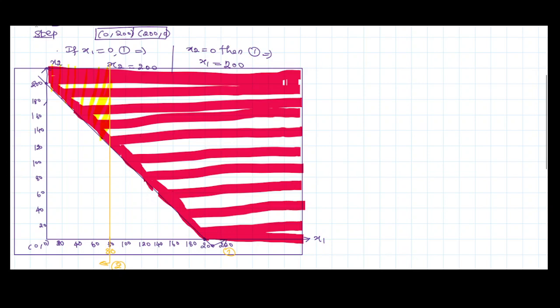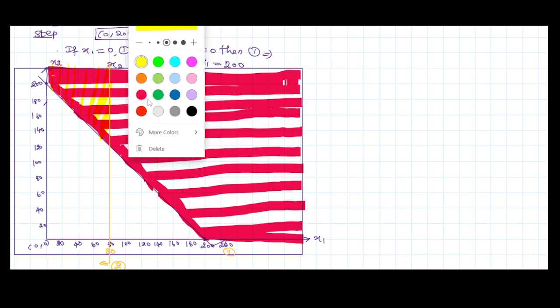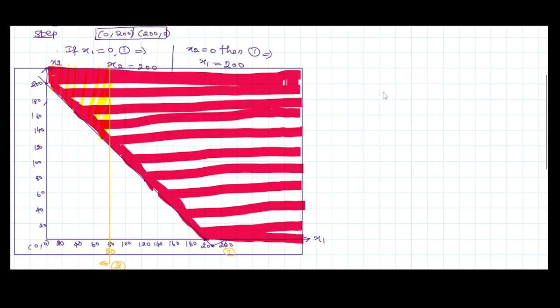I think it is not clear, so I will make it another color to visualize this.